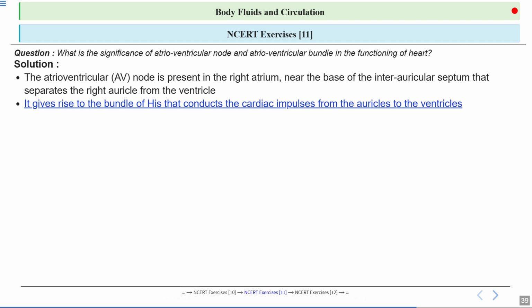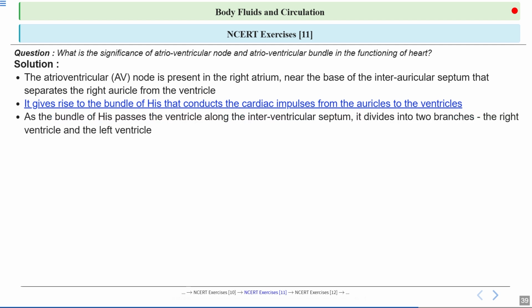Okay, now the AV node gives rise to the bundle of His. So, this bundle acts like a highway conducting the electrical impulses from the atria to the ventricles. As the bundle of His travels down the heart, it splits into two branches, one for each ventricle.